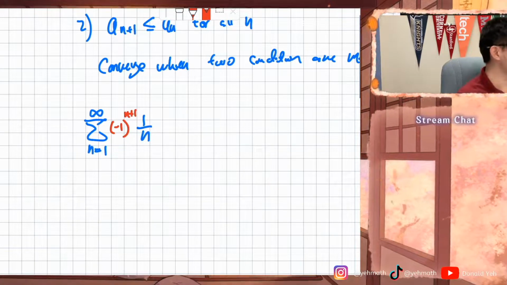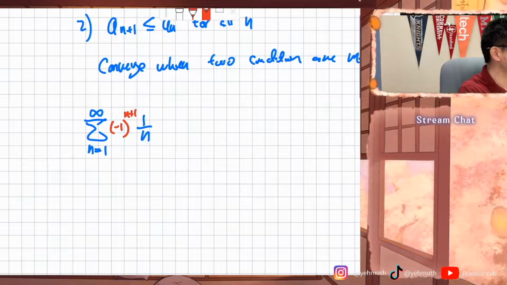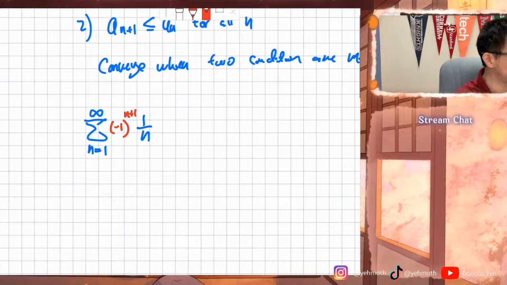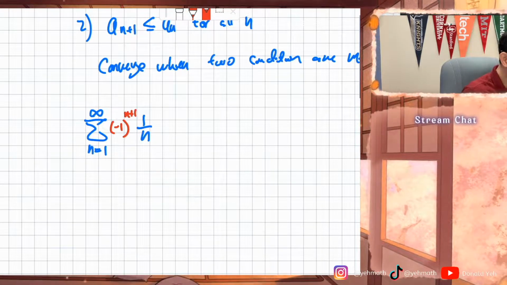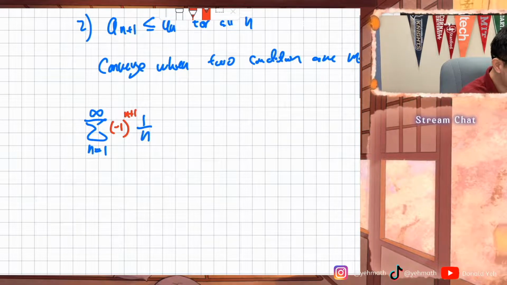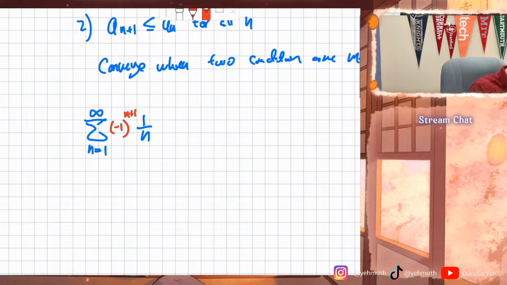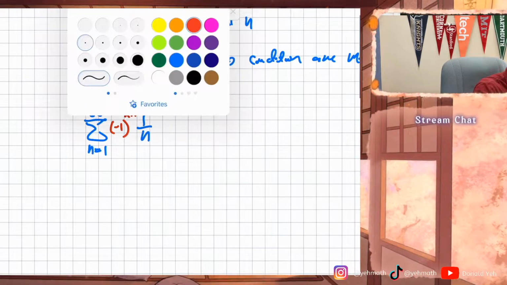Do I care if it's n or n plus 1? No, because that just decides whether the first term or the second term is negative. It doesn't matter. It's just going to switch back and forth. So in this case, you have (-1)^(n+1) over n, and you only pay attention to this part.